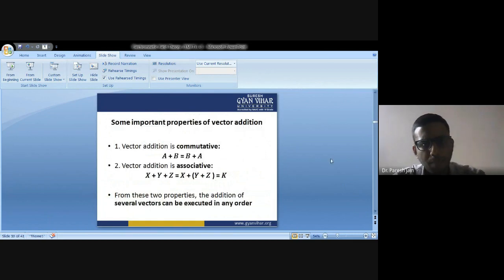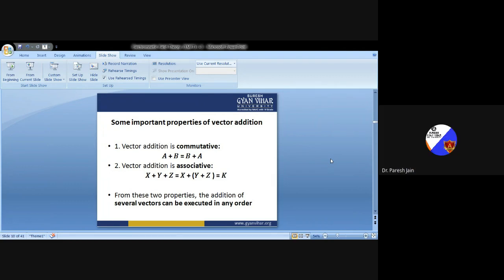Some important properties of vector addition, the commutative and associative properties, will be discussed in the next slide. So this is the first arithmetic operation with some properties. Vector addition is commutative, that is A plus B equals B plus A. So it is known as the commutative property.